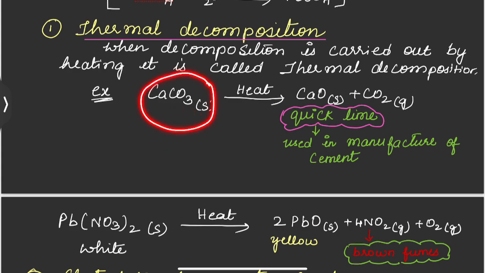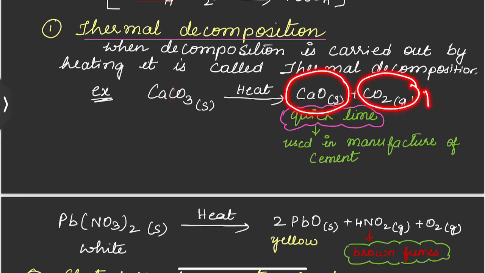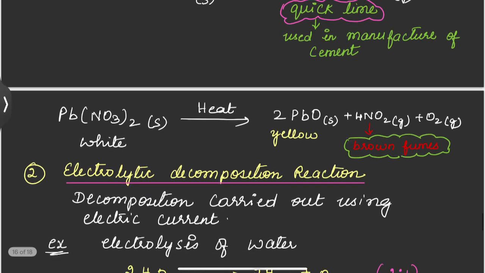When it is heated, it will decompose into calcium oxide, and carbon dioxide gas will be liberated. Calcium oxide is also called quicklime, and it is used in the manufacture of cement.